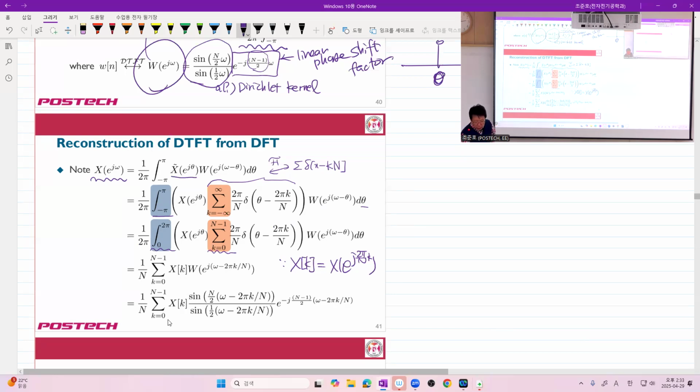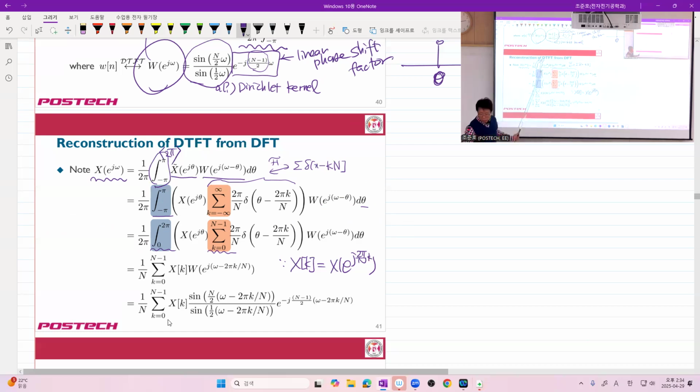So what you have is that integrated over a single period. Here, single period is chosen from negative pi to pi, but it's okay to be chosen to any 2 pi. Okay. Then what you do is that the relation between x tilde and x is this one.